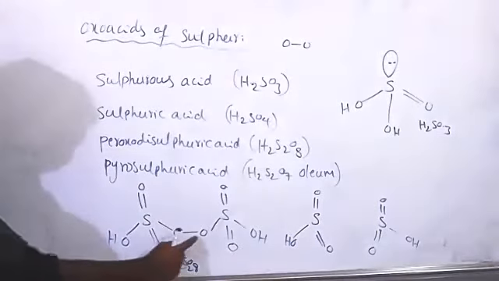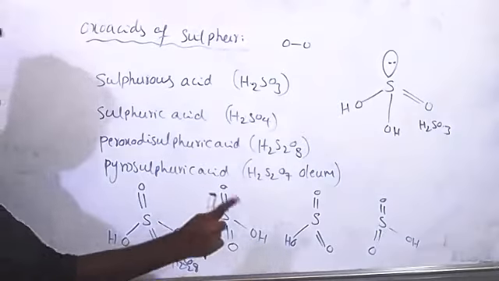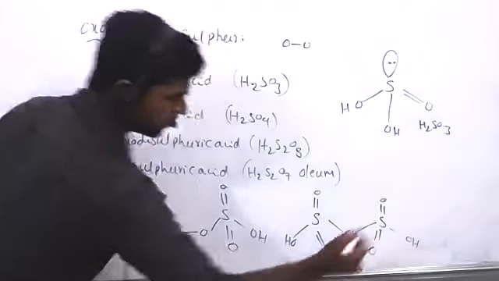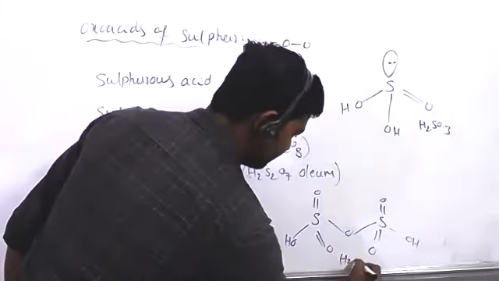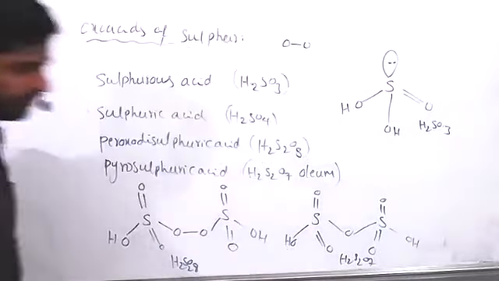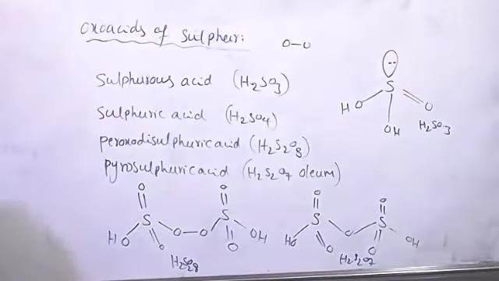In the peroxo acid, 2 oxygens are connected with a peroxy bond. Here only one oxygen is connected to 2 sulfur atoms. That is oleum. These are the 4 important oxo acids. Next, sulfuric acid: how to manufacture sulfuric acid and what are its chemical properties.